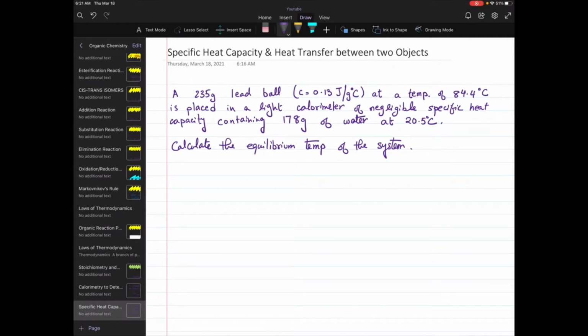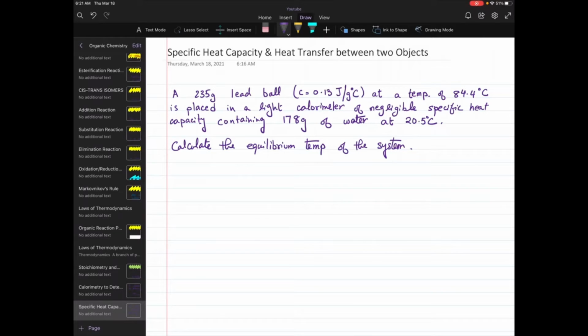This is very important to understand what the question is asking. The initial temperatures are different for the lead ball and the water, but the final temperature, TF, will be the same for the ball and the water.